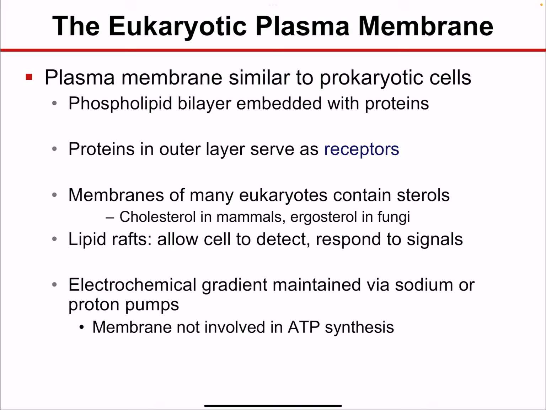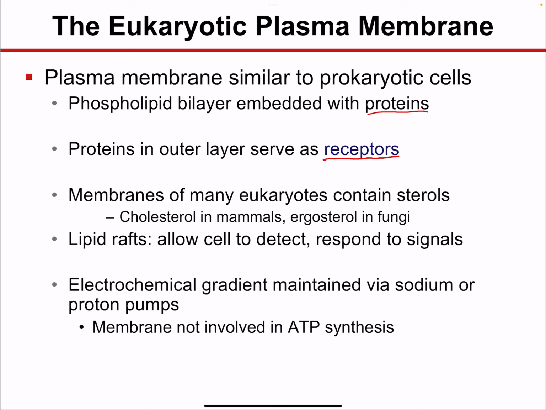I'm not going to bug you with the details. I told you that I'm not going to bug you with that. However, the phospholipids are mingled with proteins, right? Just like we saw earlier with prokaryotic cells. Then many of these proteins are going to serve as receptors. Remember that.